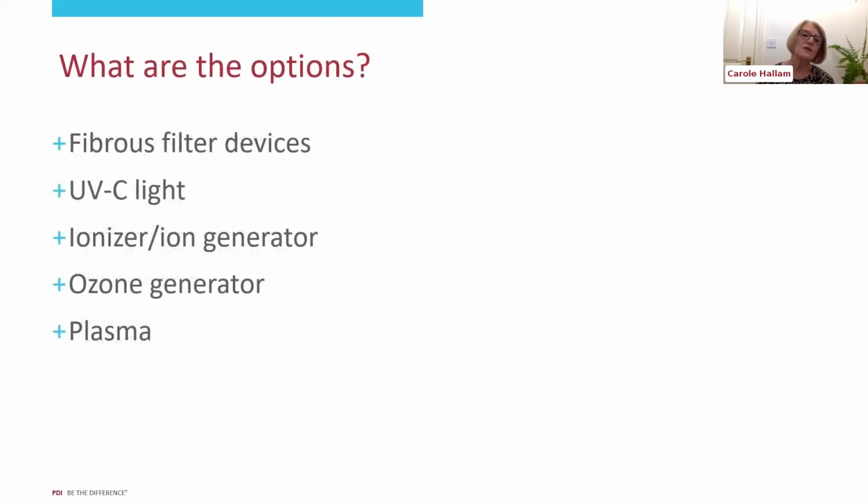So what are our options if we're going to look at equipment? So there's the fibrous filter devices. So they filter all the aerosols in the air, and then you can look at the units where there's some technology, so UVC, ionizers, ion generators, ozone generators, and plasma.